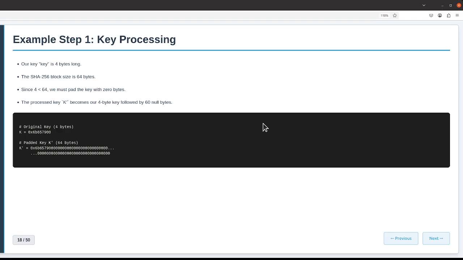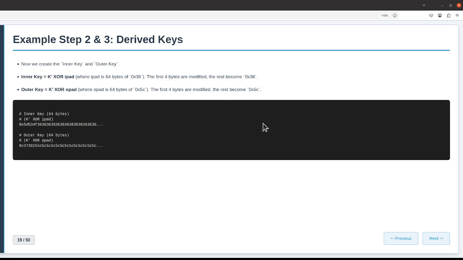So, our processed key, k, becomes the 4 bytes of our key followed by 60 null bytes. This 64-byte value is what we will use for the rest of the calculation. This step ensures that no matter what size the original key was, we are now working with a key of a consistent, known length.